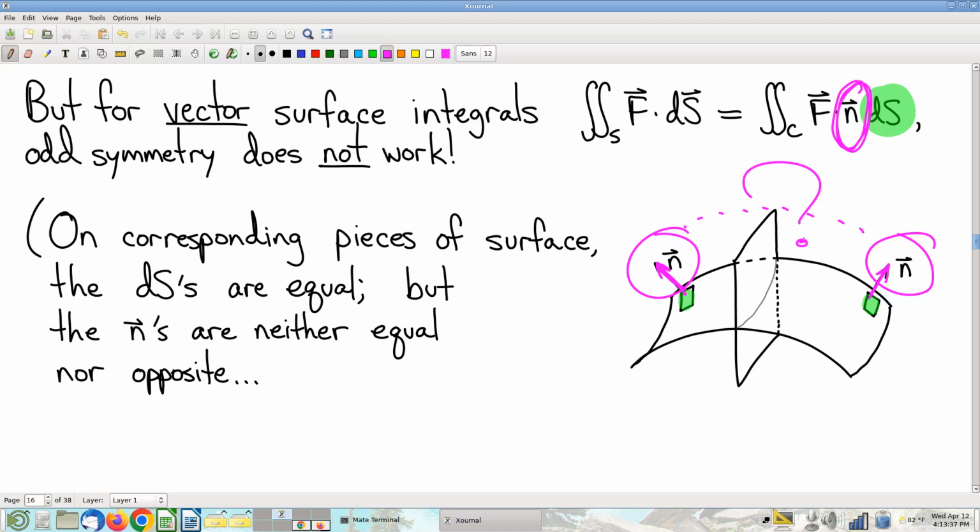This isn't even an obscure, manufactured, rare kind of surface. This is easy. The surface kind of bends a little bit. It looks like a pretty little potato chip. This is a very routine, normal little surface, and clearly the normal vectors are just not the same. So, no symmetry argument for vector surface integrals.